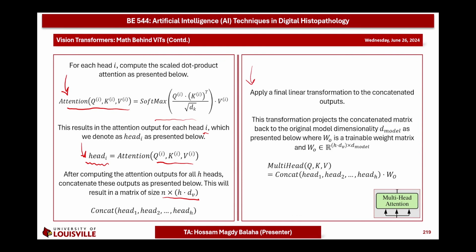This transformation will project the concatenated matrix back to the original model dimensionality, d_model, by simply multiplying by WO, which is another trainable weight matrix. So for the multi-head attention, we get a matrix called multi-head of Q, K, and V.